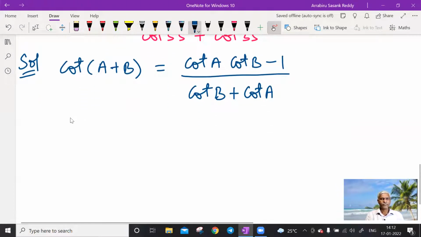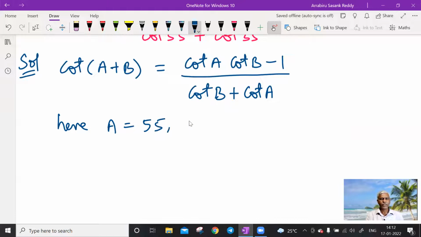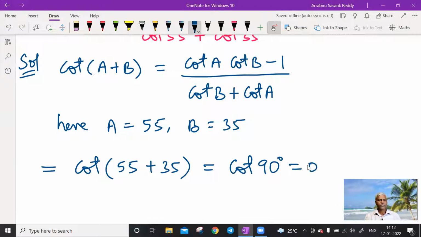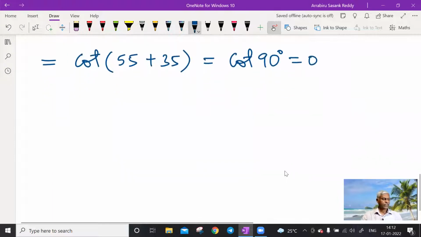Here you take A as 55 and B as 35. This becomes cot(55 plus 35), that is cot 90 degrees, that is equal to 0. So this is cot 90 degrees, which is 0.